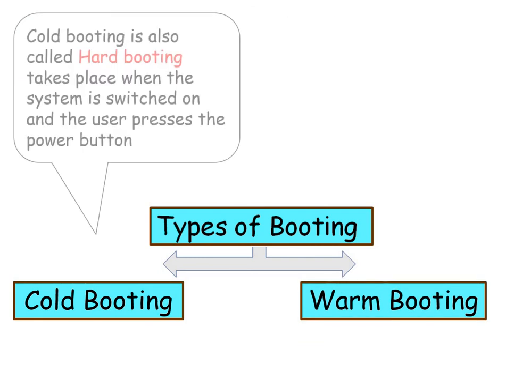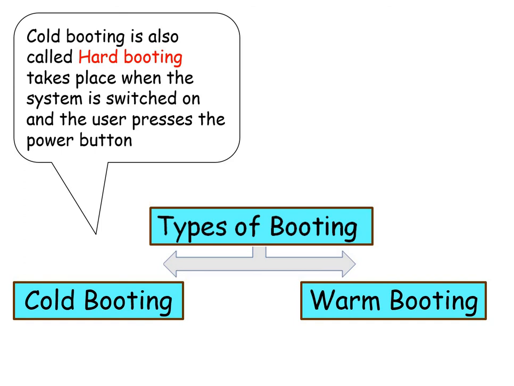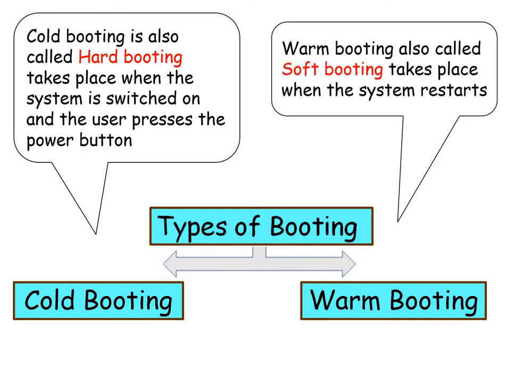What is cold booting? Cold booting is also called hard booting. It takes place when the system is switched on and the user presses the power button. Warm booting, also called soft booting, takes place when the system restarts.